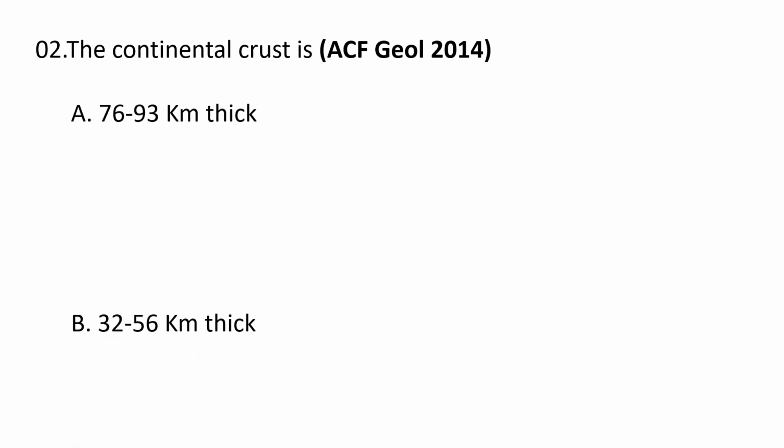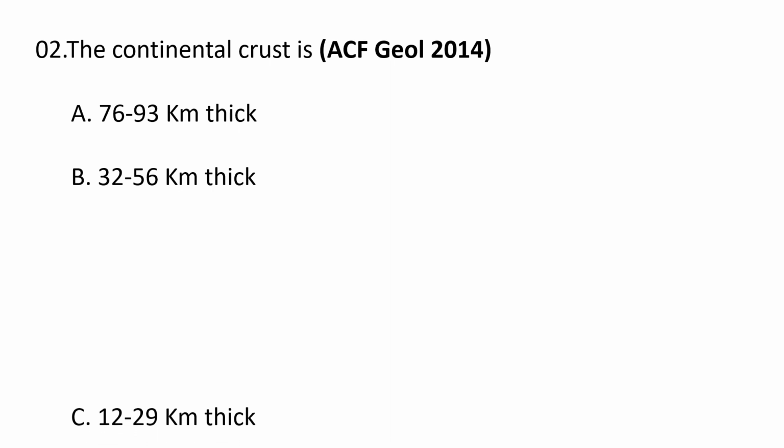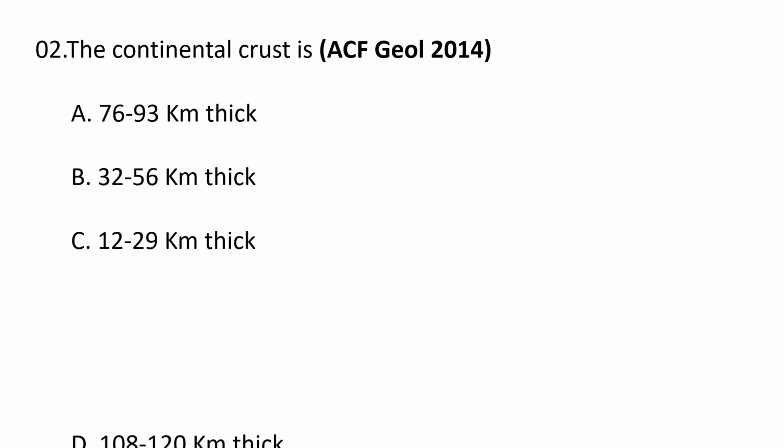Coming to the second question. The continental crust is: A, 76 to 93 kilometers thickness, B, 32 to 56 kilometers thickness, C, 12 to 29 kilometers thickness, and D, 108 to 120 kilometers thickness.